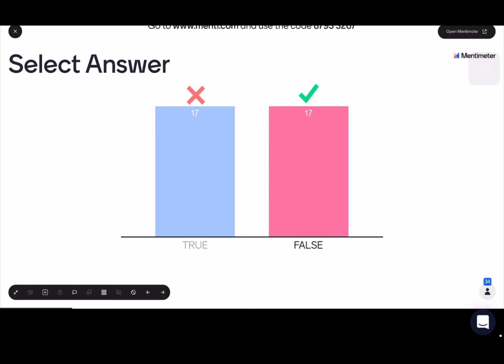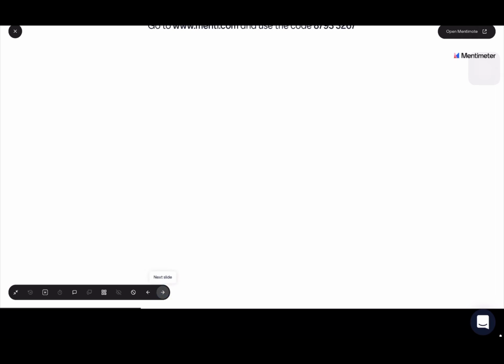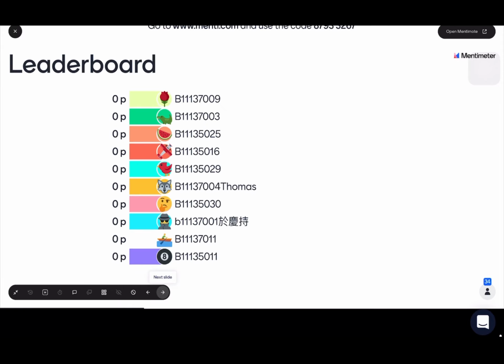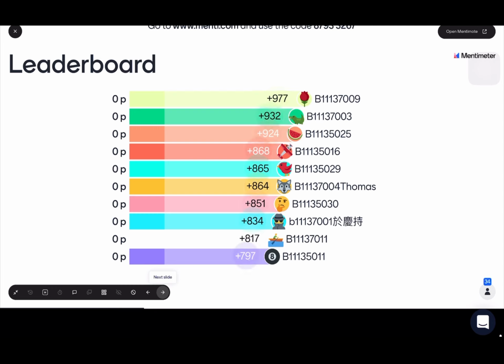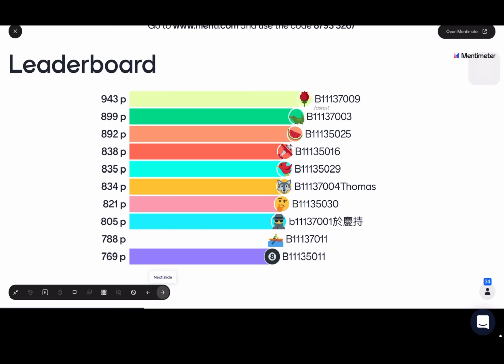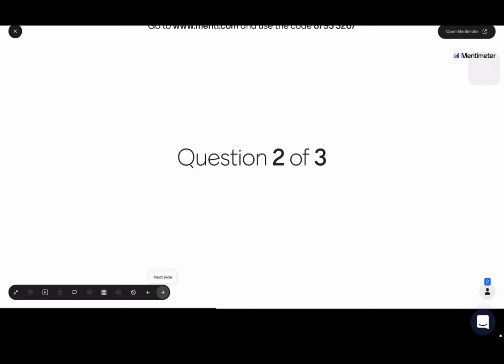Okay, the y equal x is higher, right? Okay, good. Okay, next one.